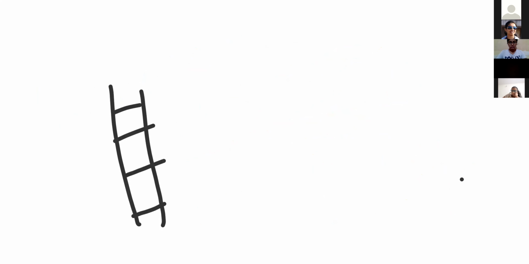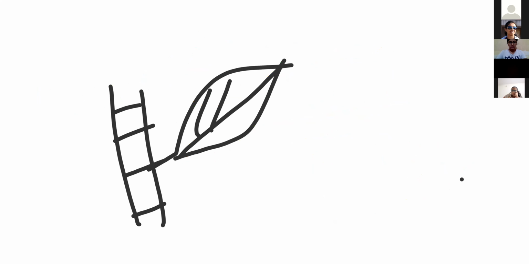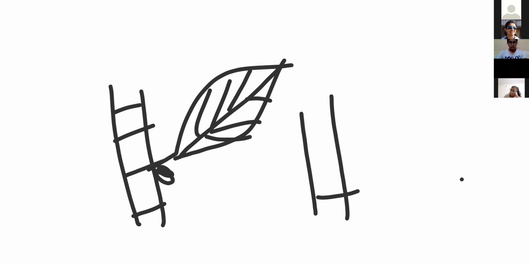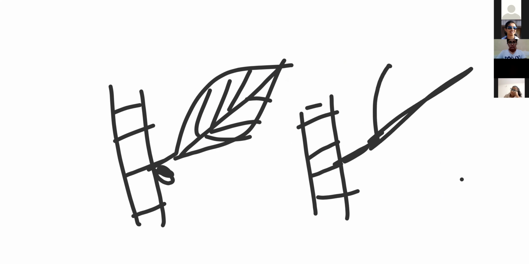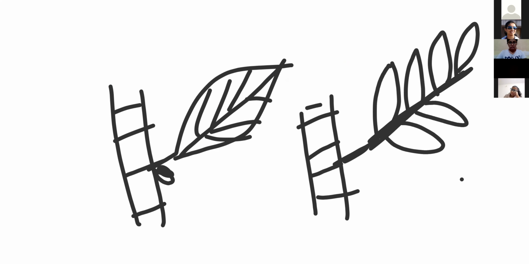Simple leaf is this type of leaf. At the base of it, a bud is there, so that we call simple leaf. Now next, if leaf is like this, this is the main vein, and the leaf is dissected and the incision reaches the midrib, so the entire leaf is dissected, and over here the axillary bud is there.